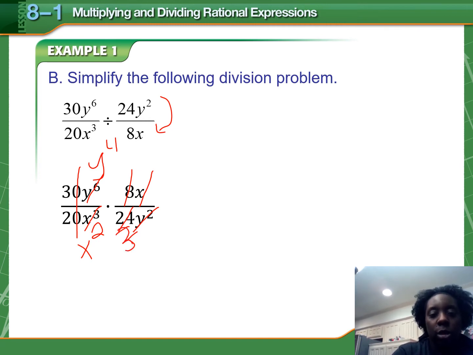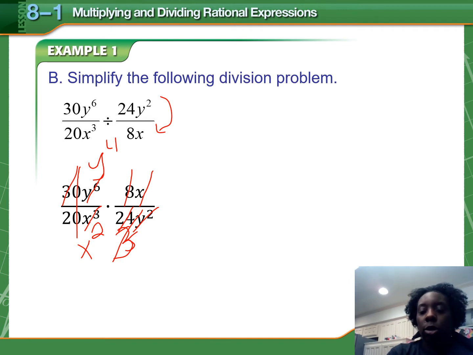I know my 3's are ugly, I've got to get a better pen. Okay, so we're going to cancel the 3, and the only thing left is 2 for our numerical value, our integer. So we should have y to the fourth over 2x squared.